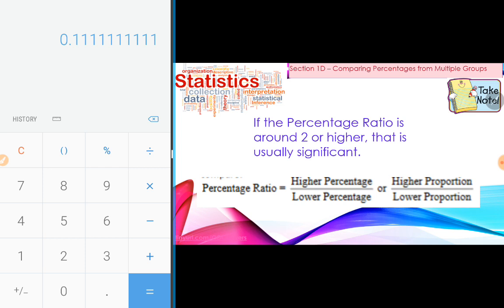I'm going to put the higher percent over the lower percent, so I will absolutely get a percentage ratio that's 1 or higher. If you get a number that's less than 1, you made a mistake, and you need to flip those numbers. We can either do higher percent over lower percent or higher proportion over lower proportion. Just make sure that you're consistent: either use both percentages or both proportions.